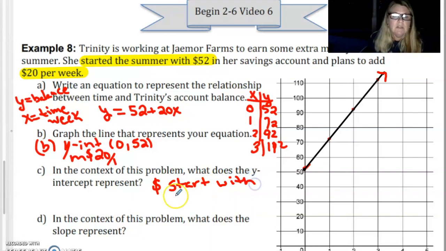It's the money she started with in the summer. Now, in context of this problem, what does the slope represent? It's the amount of money she earned each week.